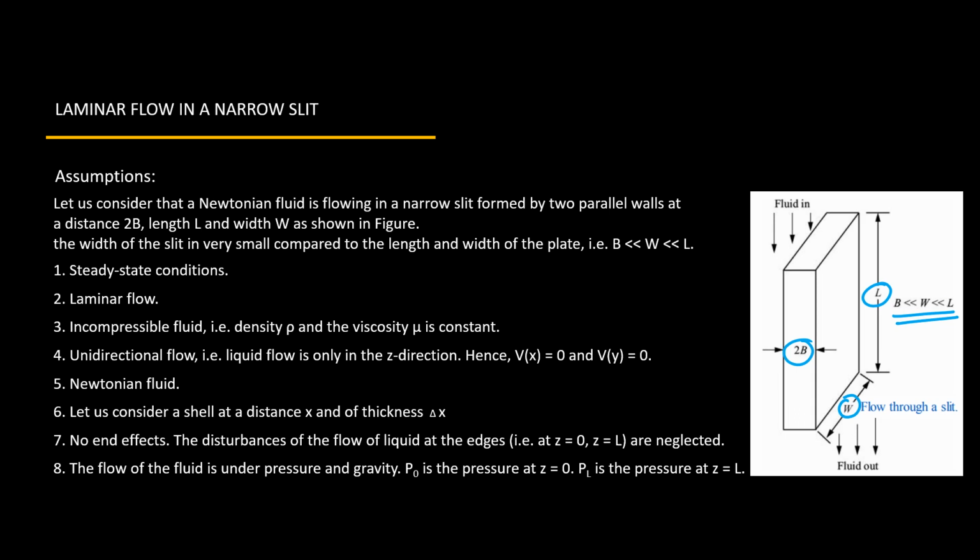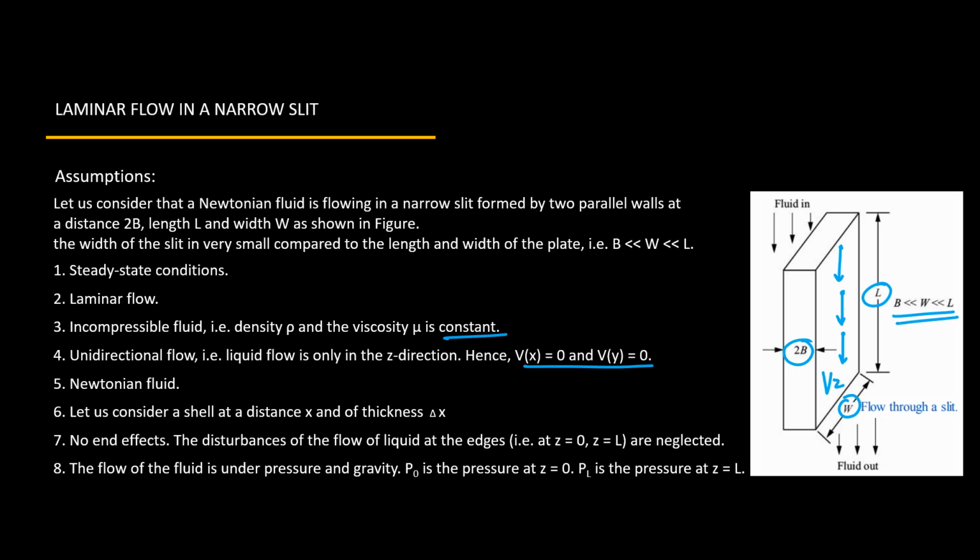Now steady state conditions: fluid is flowing in steady state, in the z direction Vz, so Vx and Vy equal 0. Unidirectional flow, incompressible fluid, therefore density and viscosity are constant.